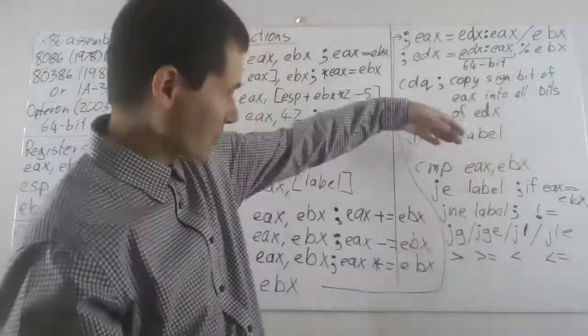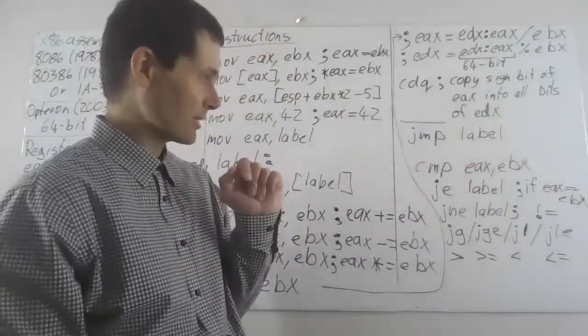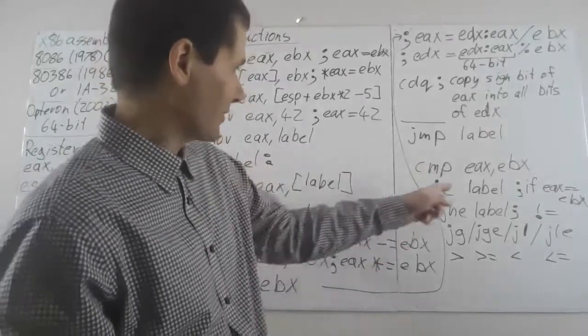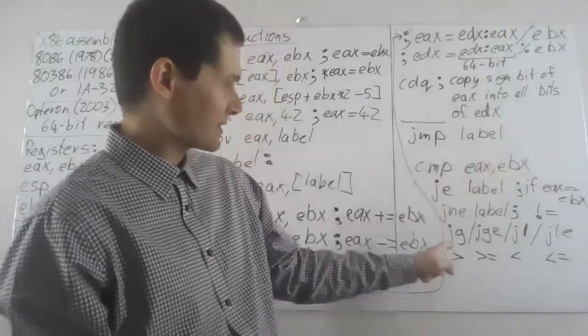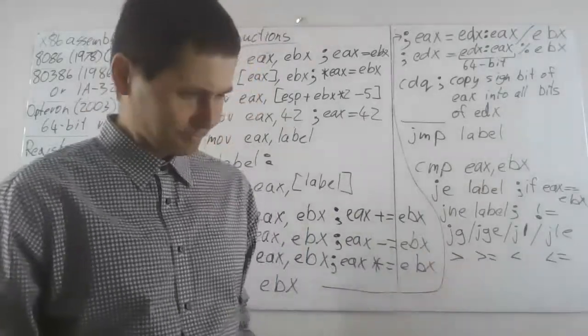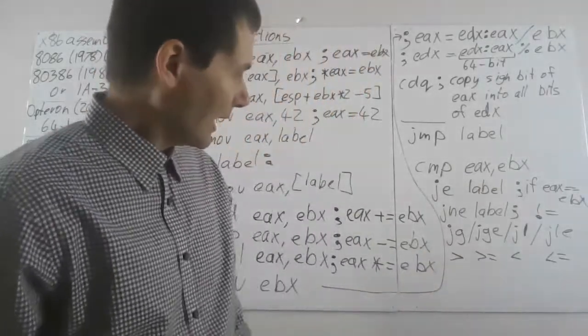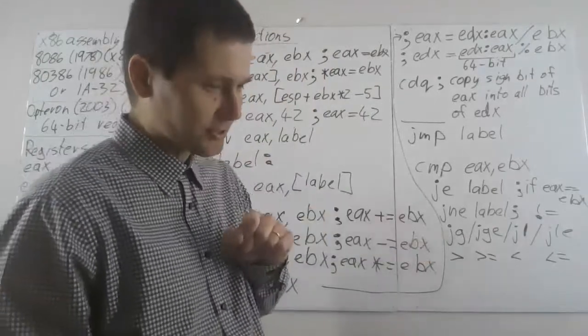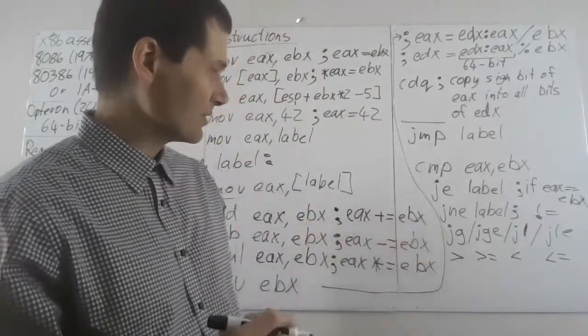So again, they go based on the comparison instruction that you did, right? So if EAX was greater than EBX, then JG would jump in that case. All right. And these instructions all do a signed comparison.